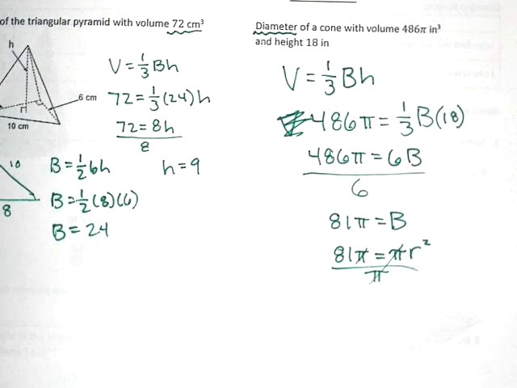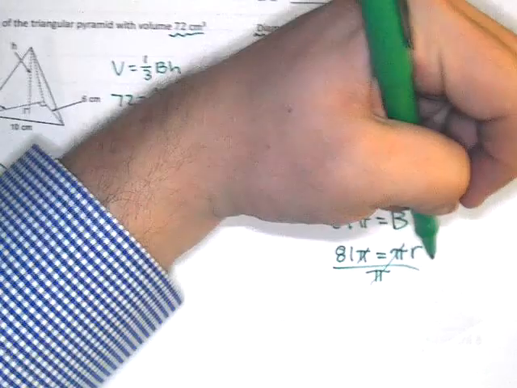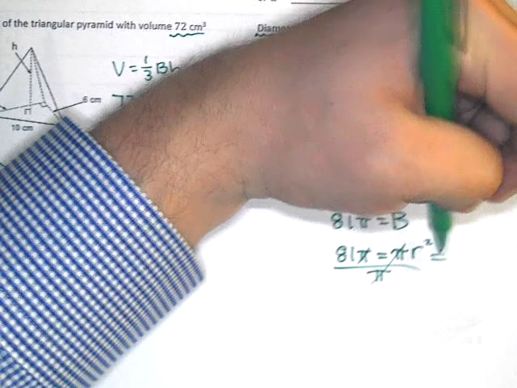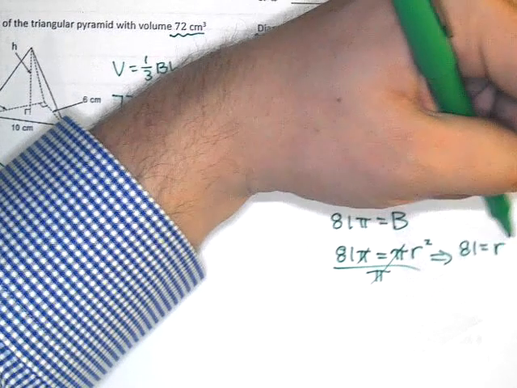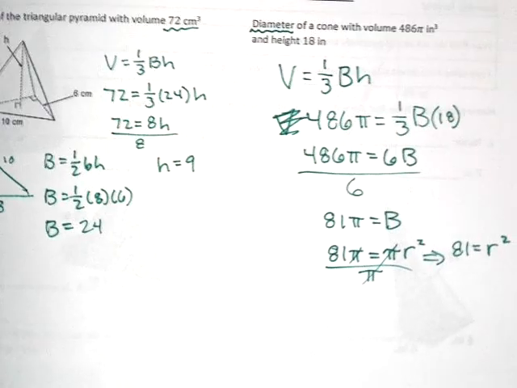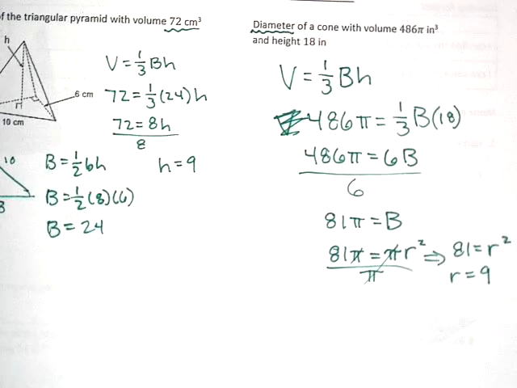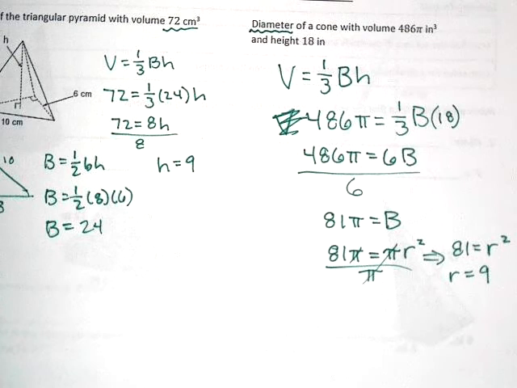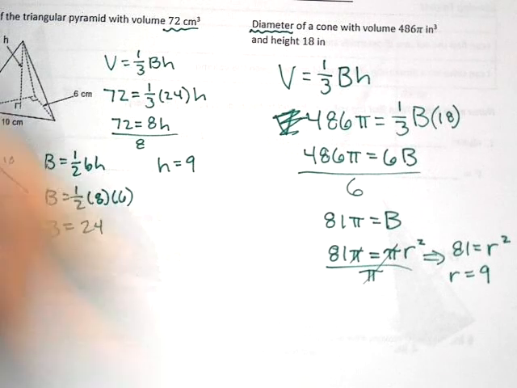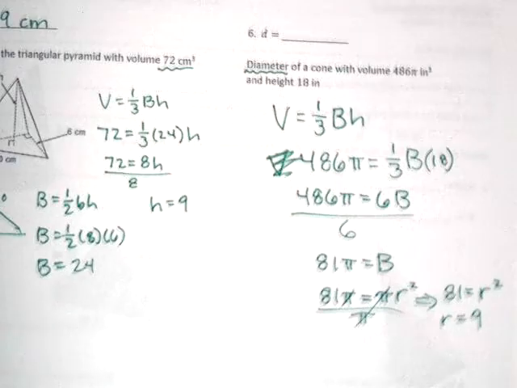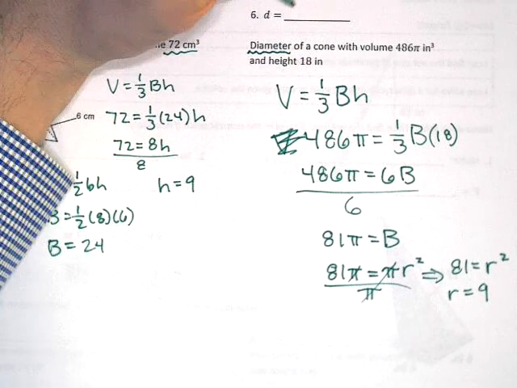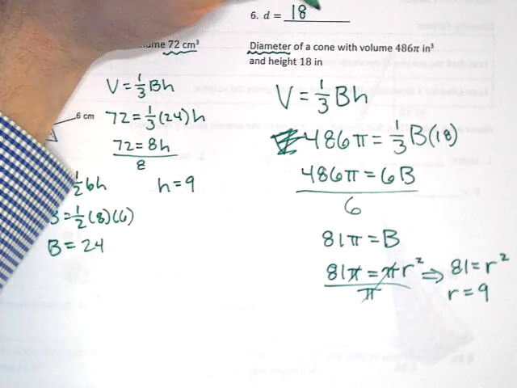The pi's cancel. So I have 81 equals r squared. When we square root both sides, we end up getting that r is 9. Hopefully I don't even need to show my work, and we can all just agree that if my radius is 9, my diameter has to be 18 inches.